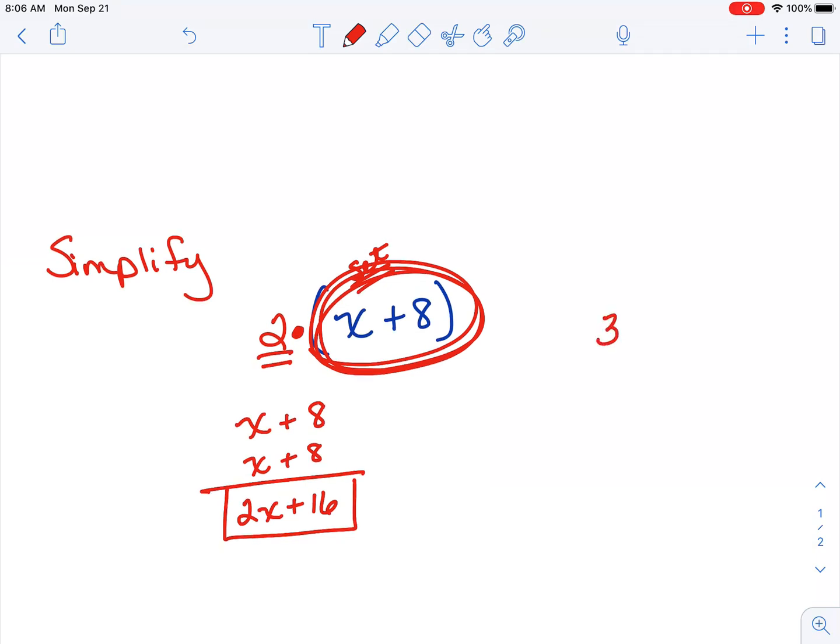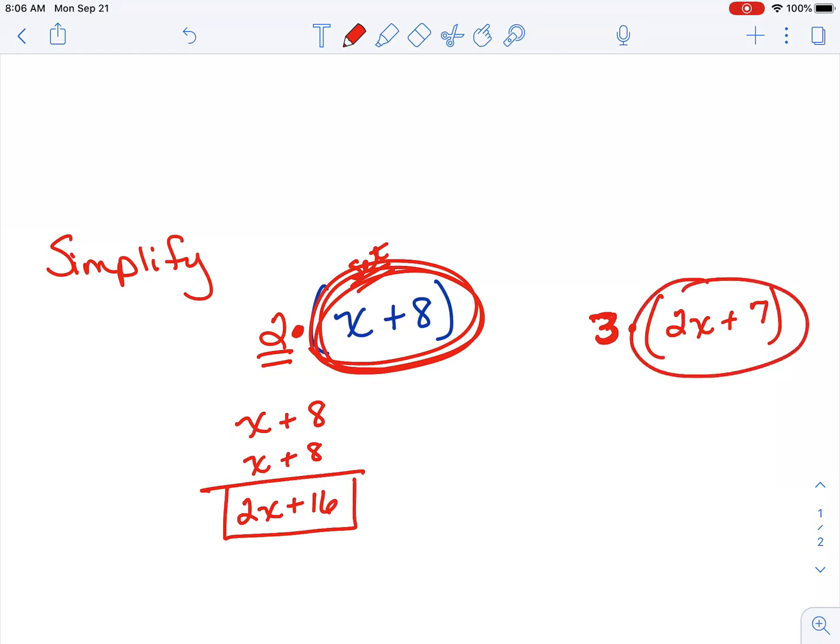So let's say I had 3 times 2x plus 7. This is saying I want 3 sets of 2x plus 7. I want that 2x plus 7 3 times. That's what that problem is saying.